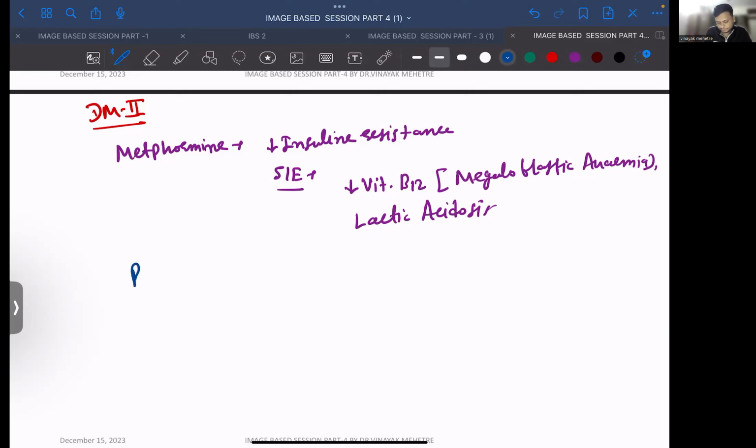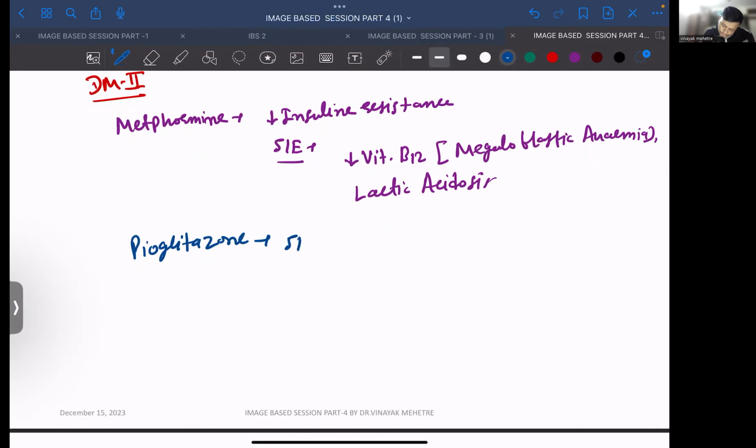Pioglitazone. What is this? बताओ. Pioglitazone का साइड इफेक्ट क्या है? Yes, one more. The main side effect.